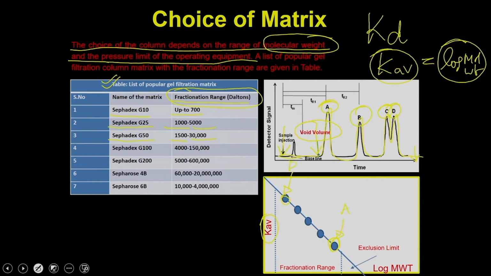Now, beyond this, even if you have something, it is not going to be fractionated. It means it is not going to be separated by this particular column. A protein larger than this size is also not going to be separated, because then you are reaching very close to the void volume.